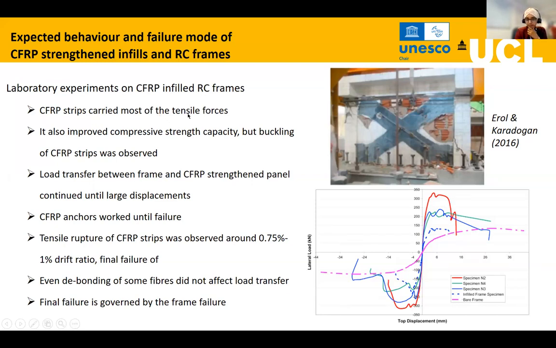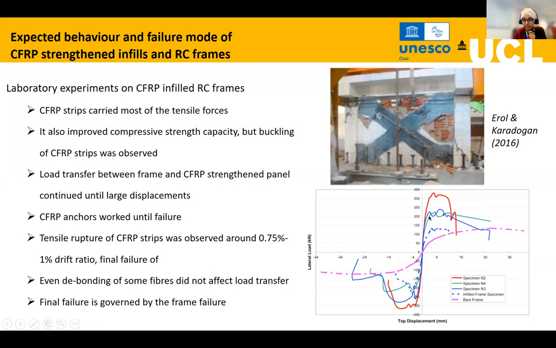This study, for example, was shown to improve the capacity of unretrofitted walls, as you can see from the purple curve to these red and green and blue curves. And the variation among these curves is basically the material properties of the RC and masonry in the frame.